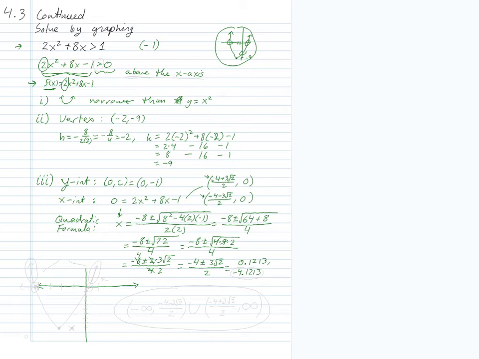So if I plot my coordinates a little further, alright, and our vertex down here at negative 1, negative 9, oh, I'm sorry, that should be negative 2, negative 9.